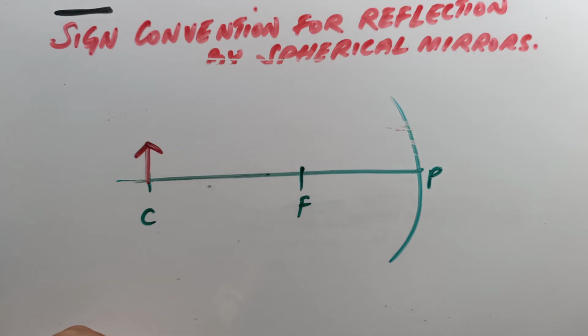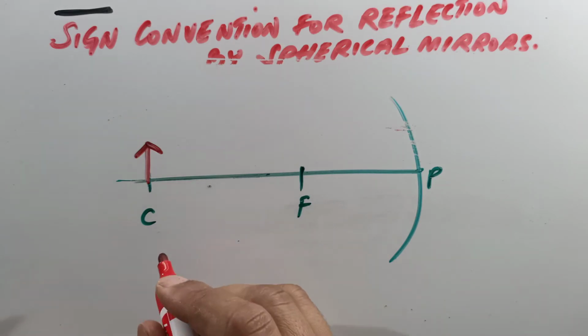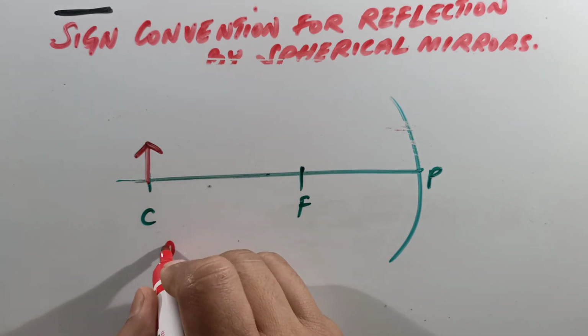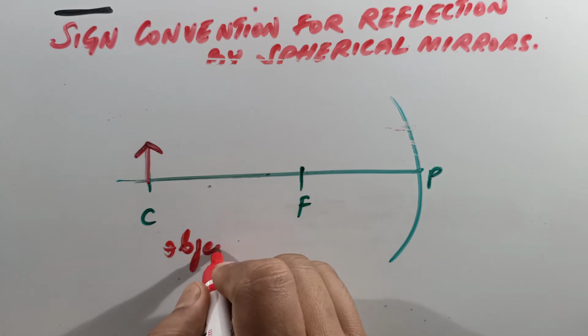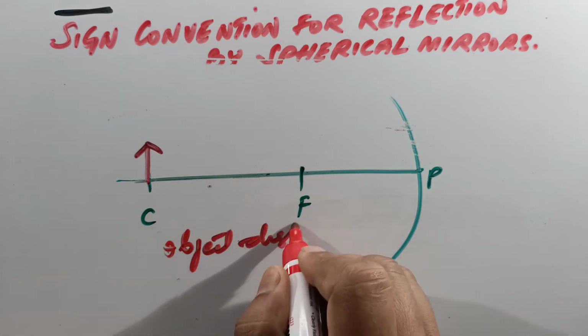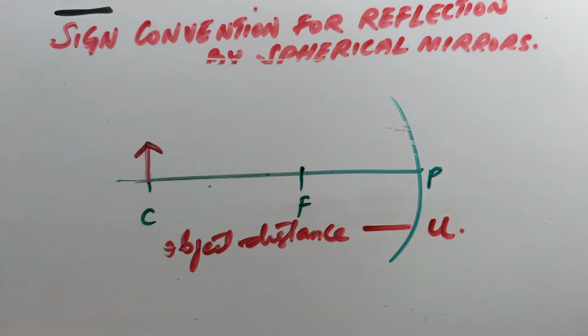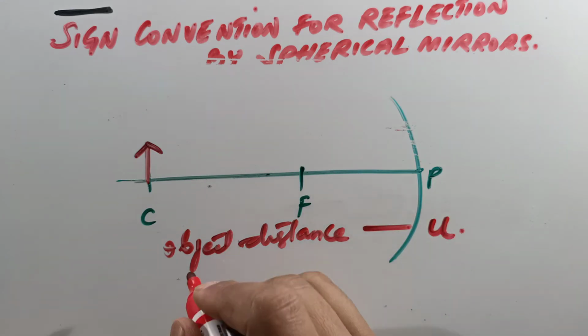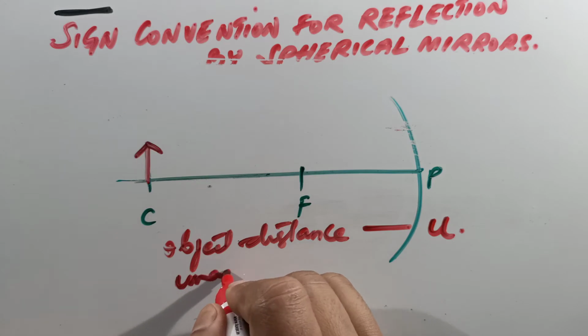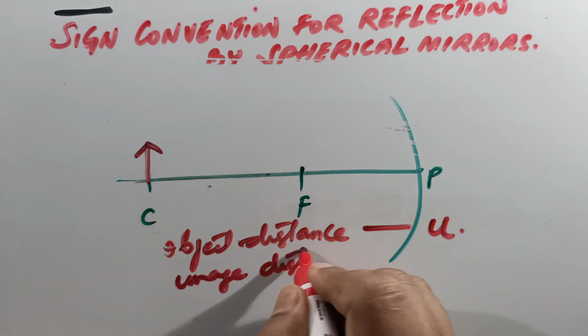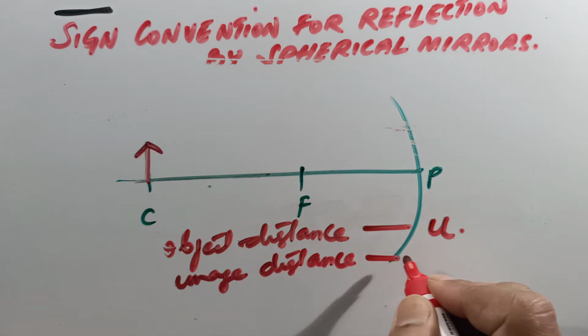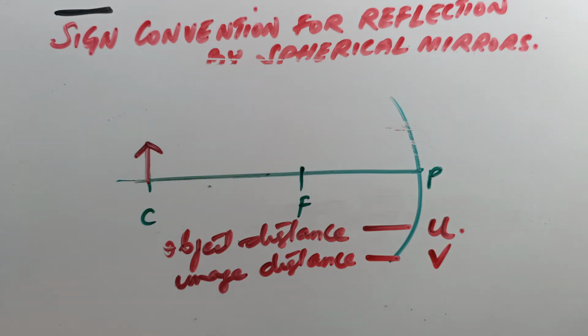Now, in case of a mirror, please keep in mind, object distance is represented by small u. Image distance is represented by v.